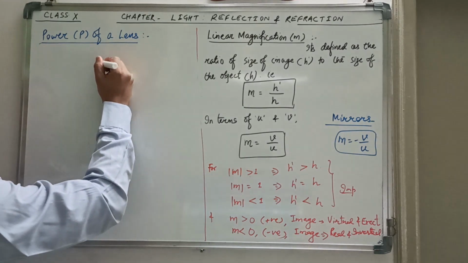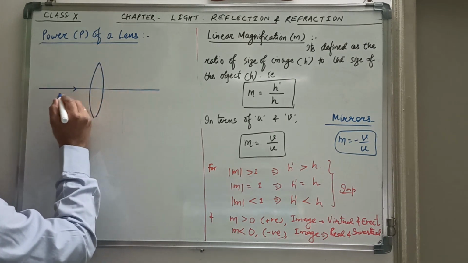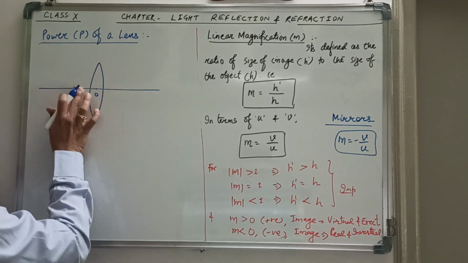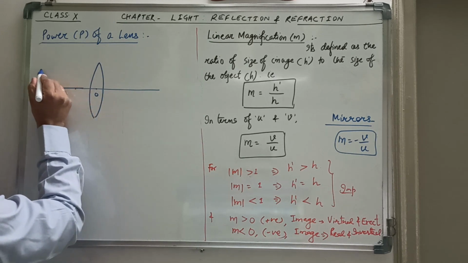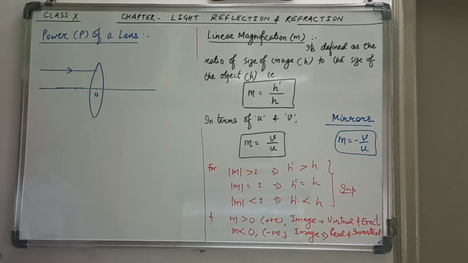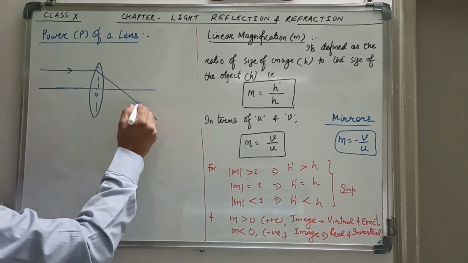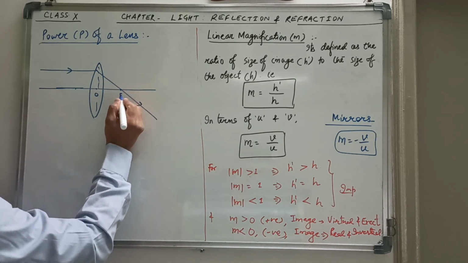Okay. So if I have a convex lens here, and let a light ray. This is optical center. This is principal axis here. Let a light ray come parallel to the principal axis. Then what will happen, tell me? Then you say, sir, this light ray will obviously pass through the focus of this lens here. Correct?